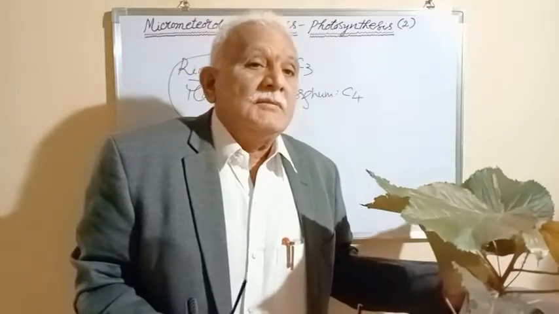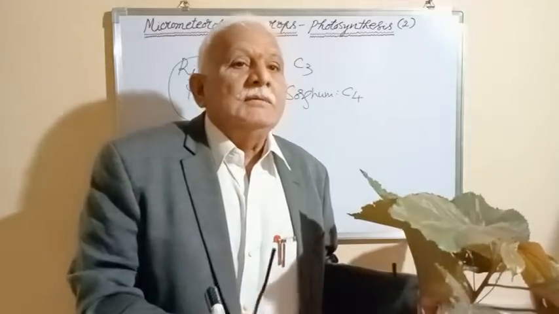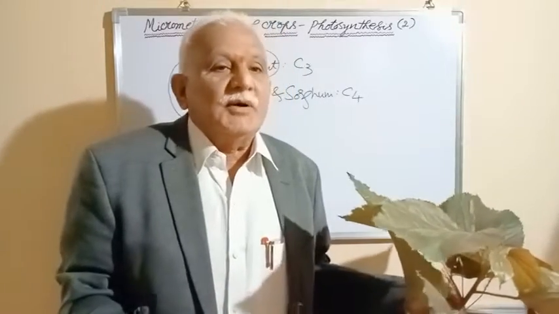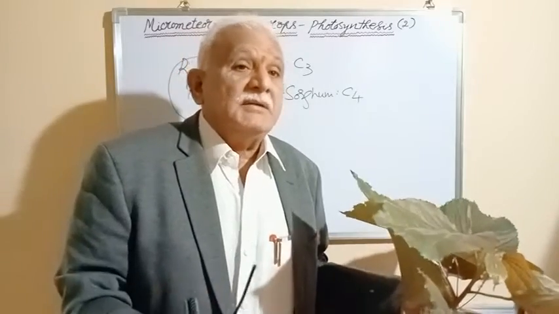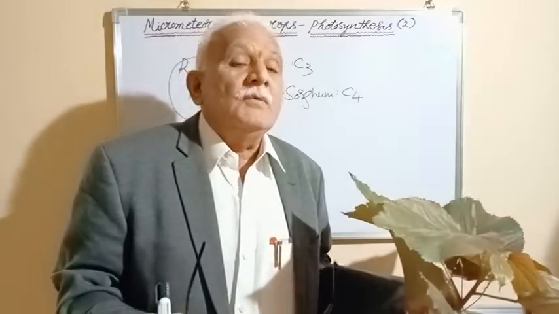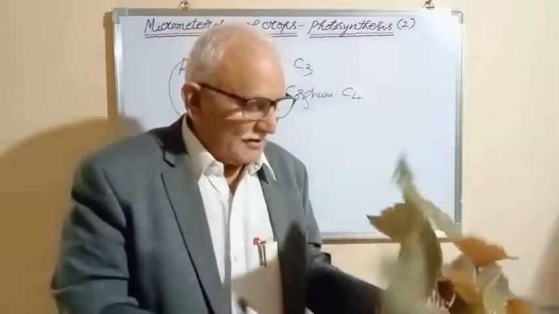C3 rice and wheat, how they respond, and C4 maize, how it responds. These are the three major food security crops, so we study those things in the next 4 to 5 minutes.